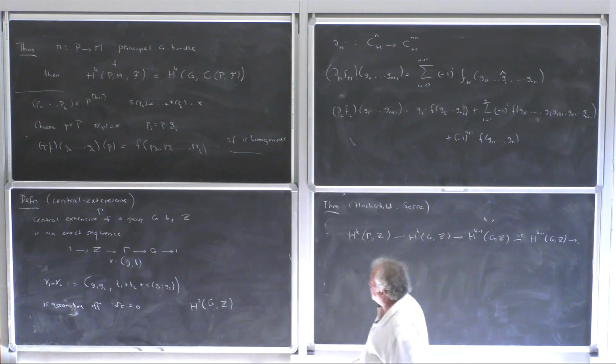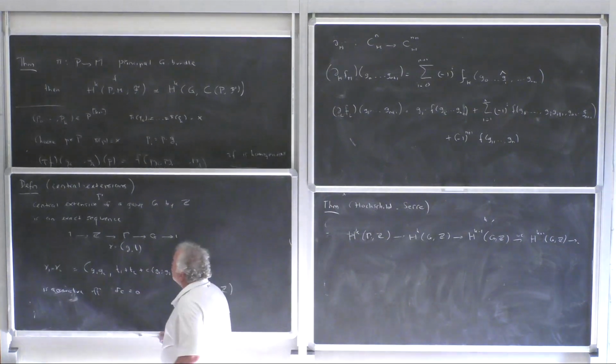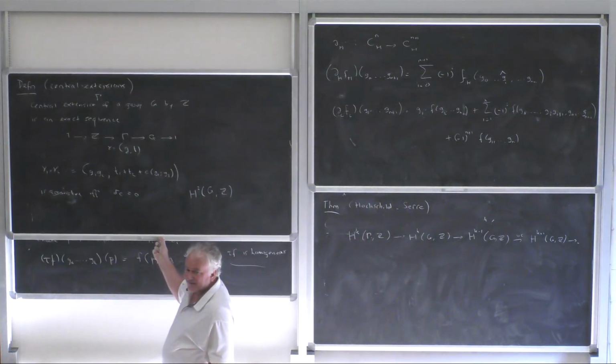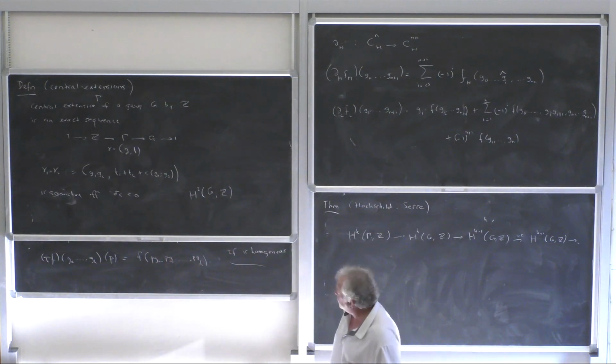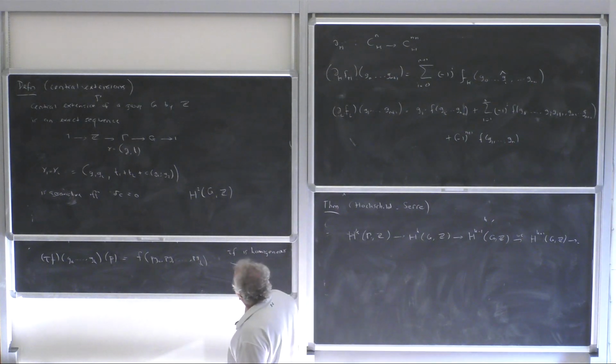Okay, the other little ingredient that I need is... Sorry, you said very quickly that H2 of G of this is the group cohomology, right? Yes. And then it is related to the H3 of G, Z, if G is a manifold.